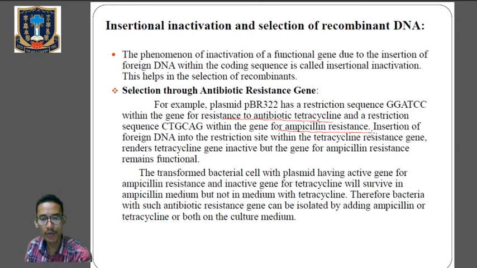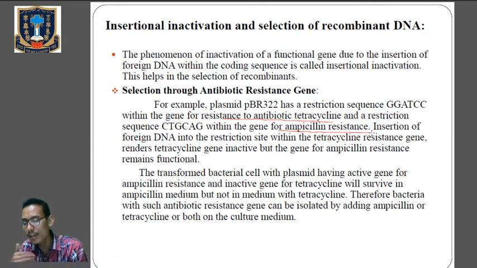Now what can we do? How can we differentiate between the recombinant and the non-recombinant one? The transformed bacterial cells with plasmids having the active gene for ampicillin resistance and the inactive gene for tetracycline resistance will survive in ampicillin medium but not in medium with tetracycline.